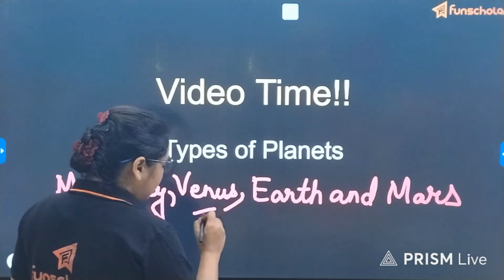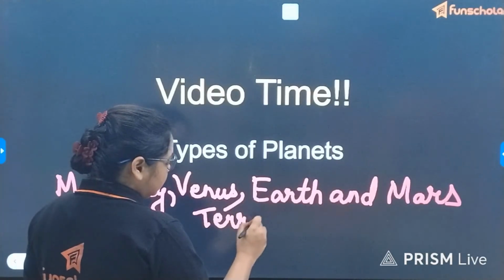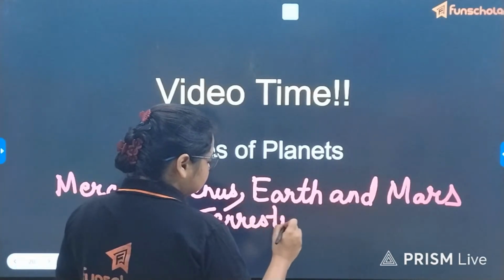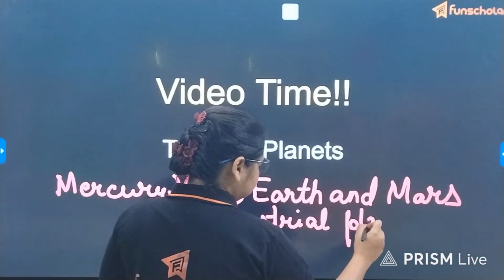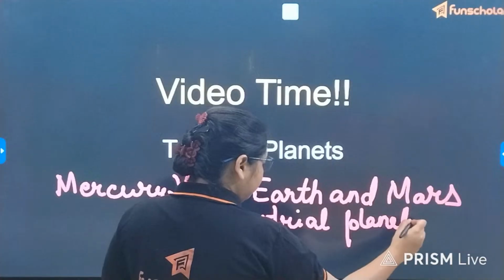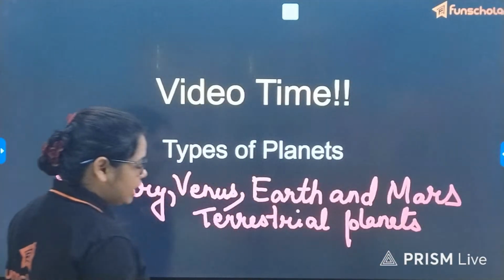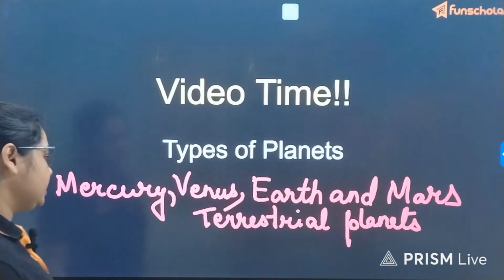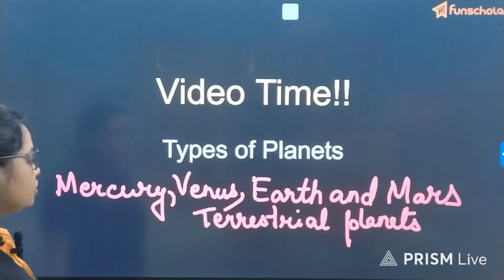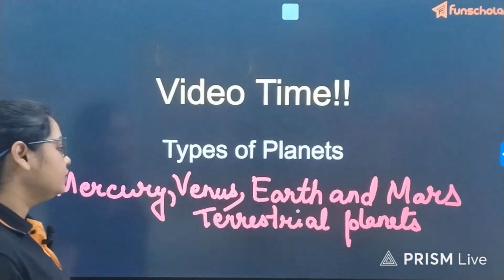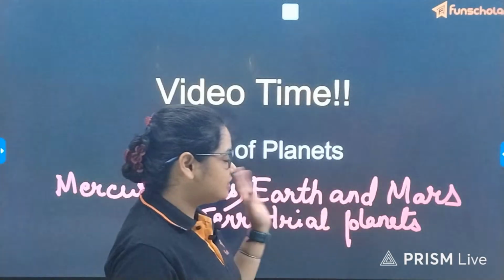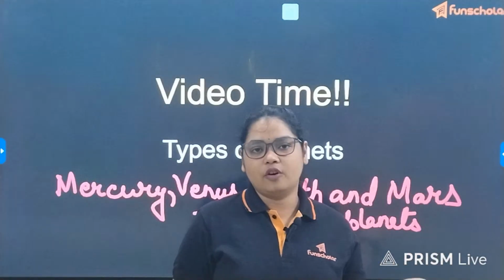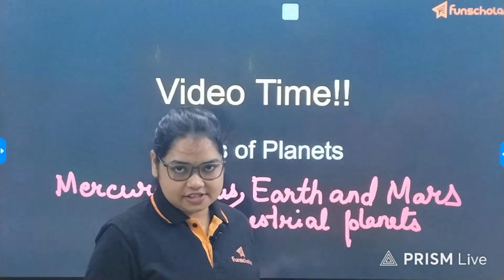These four are the terrestrial planets. They are made up of rocks, they have a solid surface, and they are close to the sun. Then after these four planets in the series, we have a belt of asteroids.